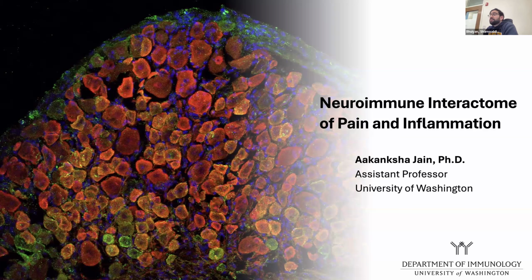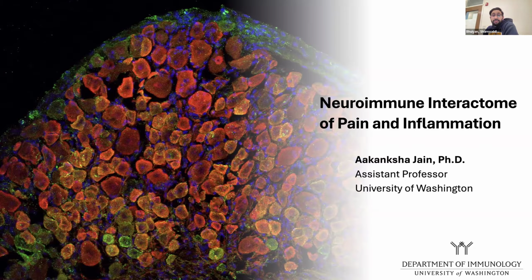Currently, Aakanksha is an assistant professor in the Department of Immunology at the University of Washington. Her lab focuses on understanding the neuroimmune crosstalk underlying pain and inflammation. Her recent work has used transcriptomic-based approaches to reveal how the immune landscape changes with the generation and resolution of pain.